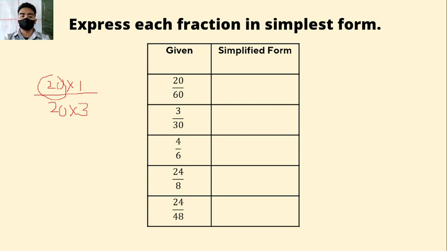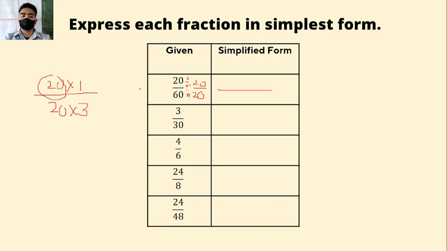So therefore, we could simply convert this fraction into simplified form or lowest term by dividing both numerator and denominator by 20. Alright, so when we divide it, what will be the final answer?